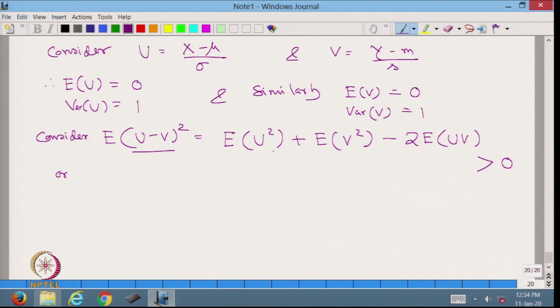Since expected value of u square is equal to variance of u, because its expectation is 0, this quantity is going to be 1.